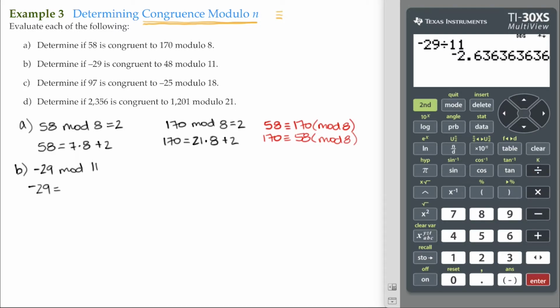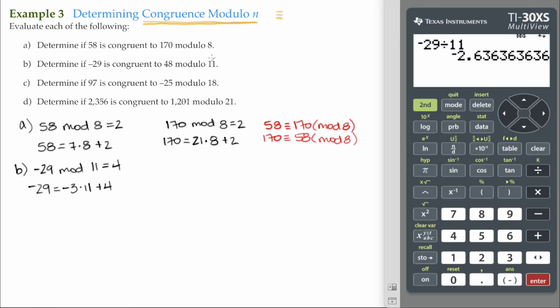And don't forget, we round down, so this is going to be negative 3 times 11. Negative 3 times 11 is negative 33. So then we add 4. So negative 29 mod 11 is 4.